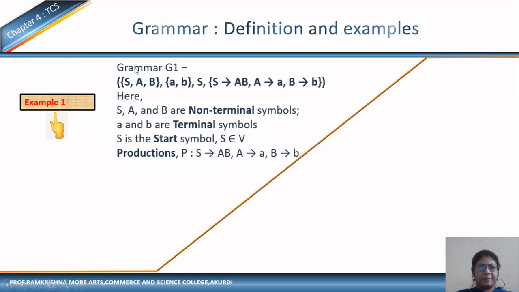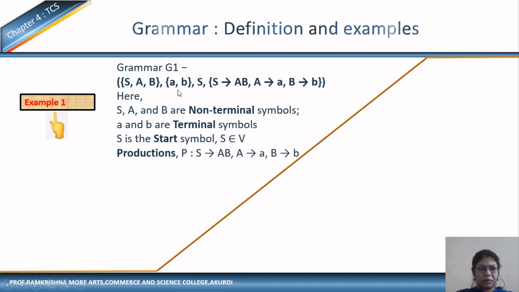So first example we will see. It is written in round brackets; there are four tuples you can see. First is curly bracket S comma A comma B. So S, A, B is the set V, and as we know from the definition, S, A and B are non-terminal symbols. The second set is a, b.